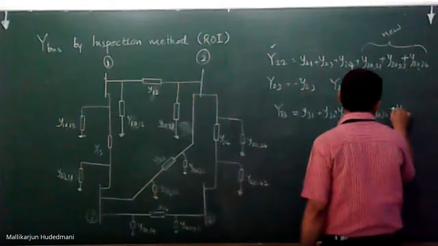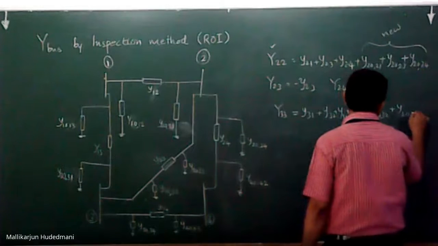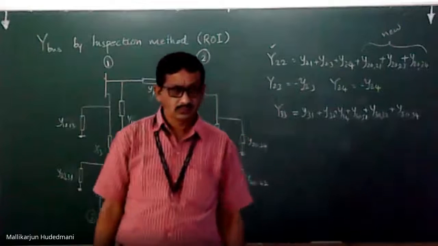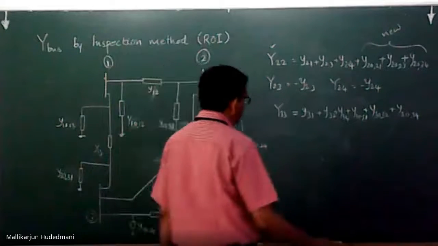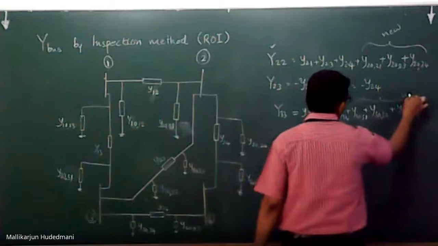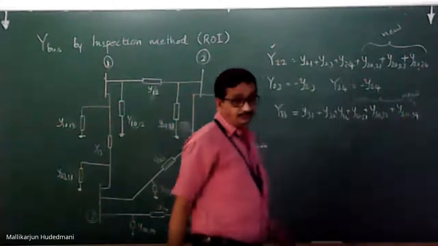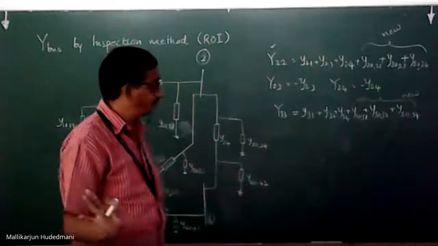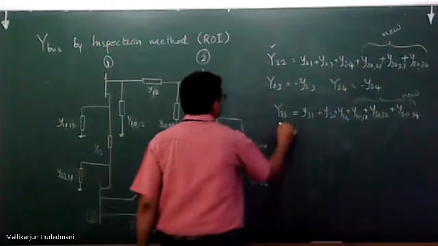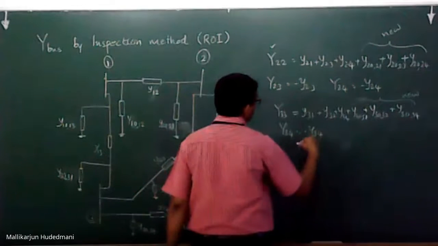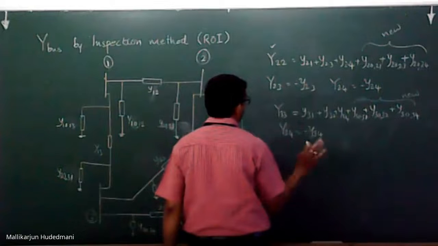So you will find these three as new, which were not there. Rest of the diagonal remains the same. Off diagonals: Y34 is minus Y34. Remaining we have already done.